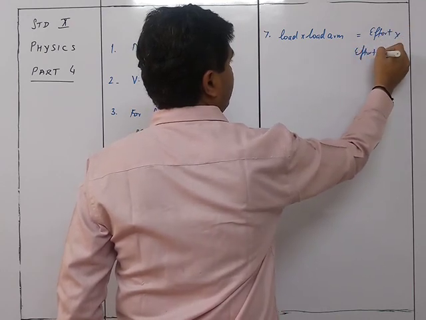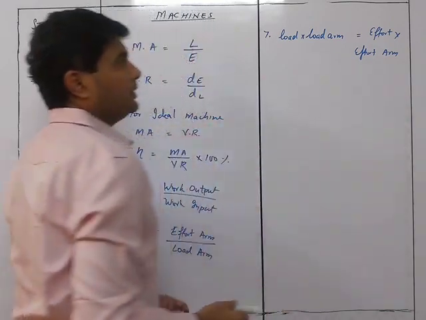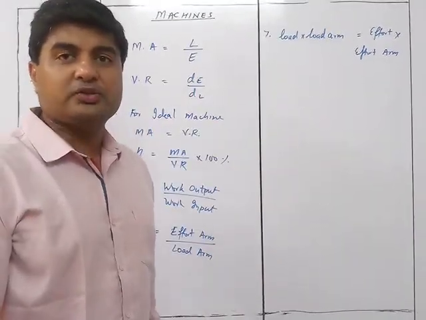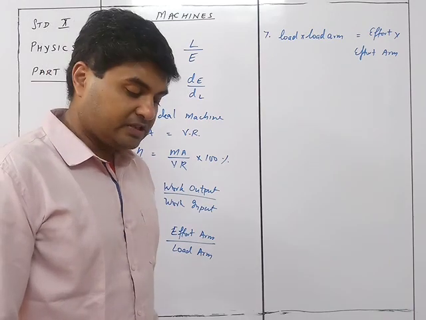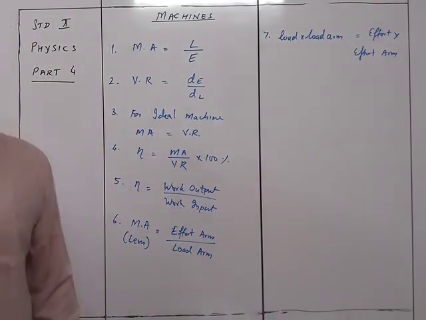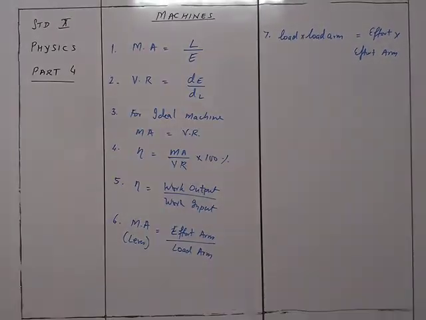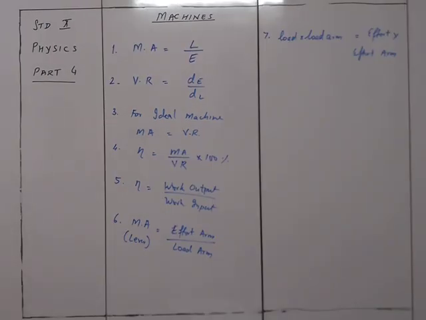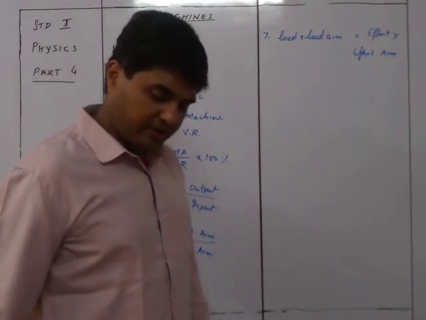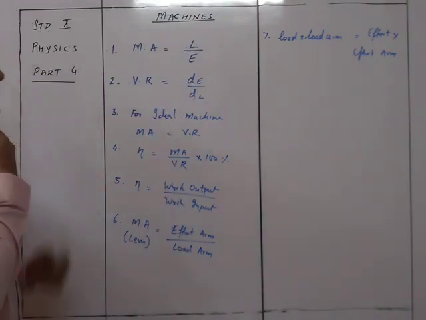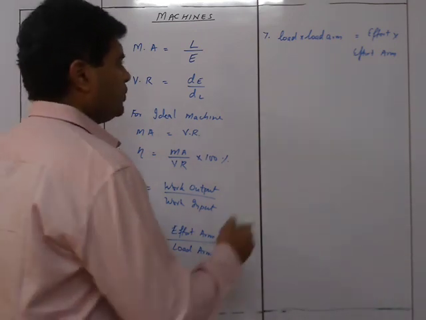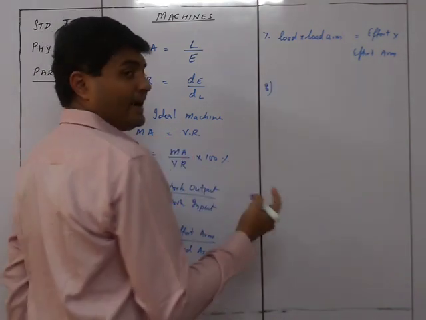This is also the same as the principle of moments or principle of equilibrium. I think this should be sufficient. In case we use any other formula, we will take it up over here. Otherwise, you can have one more thing over here, and that is the different kinds of lever.